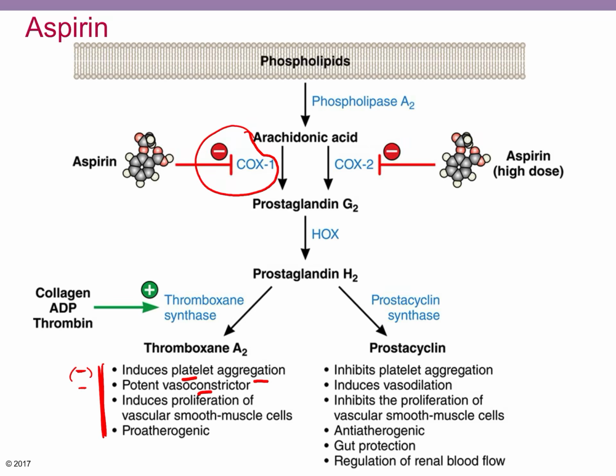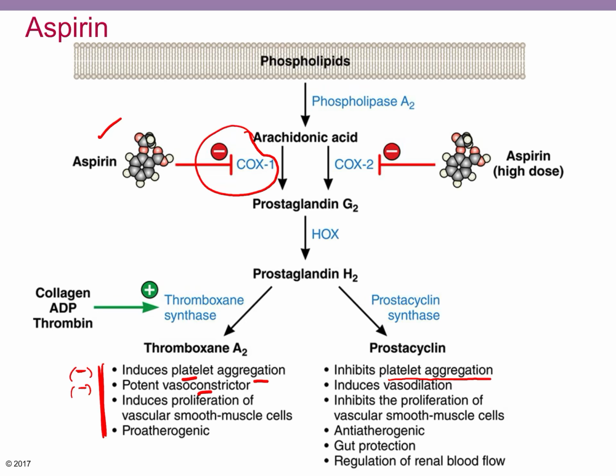So aspirin is going to stop, so it's negative, it's going to stop your platelet aggregation, and it's going to stop that vasoconstriction. So aspirin does that. So this is the good, low doses are good. High doses, it's weird, but high doses are going to inhibit another enzyme, and it's going to actually increase your clot formation.